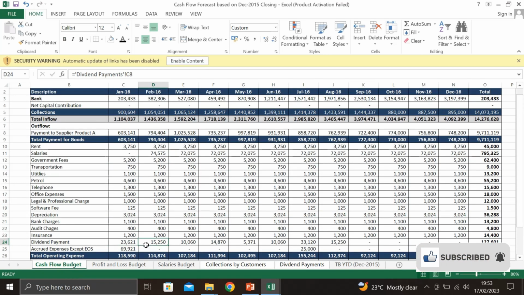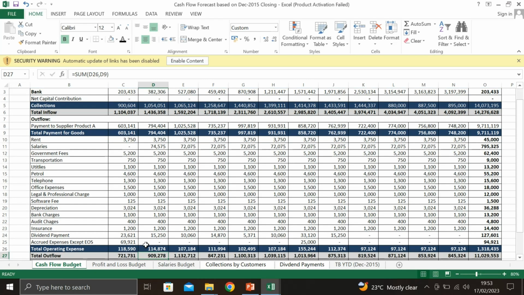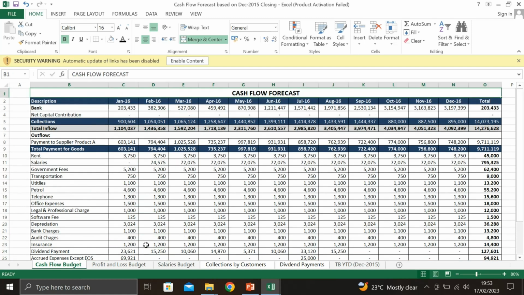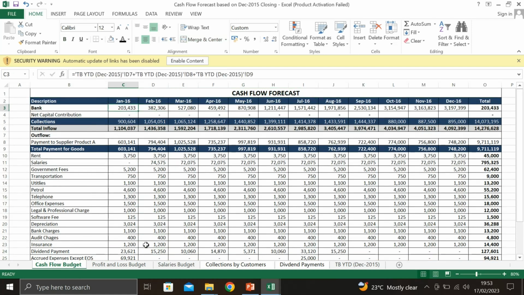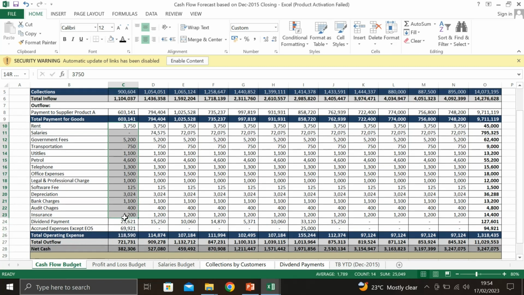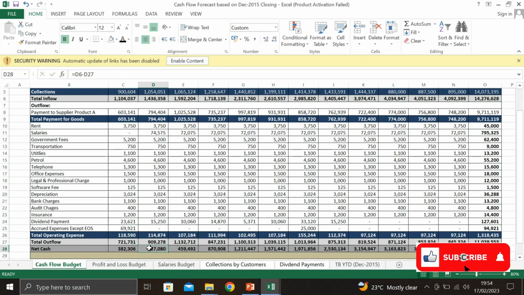So like this we will finalize our cash flow forecasting. We have the opening bank balance as per the trial balance, plus the collections from the customers, minus the payments to the suppliers, minus all the cash expenses in each month. So it will give us the balance we will have in our accounts for each month.